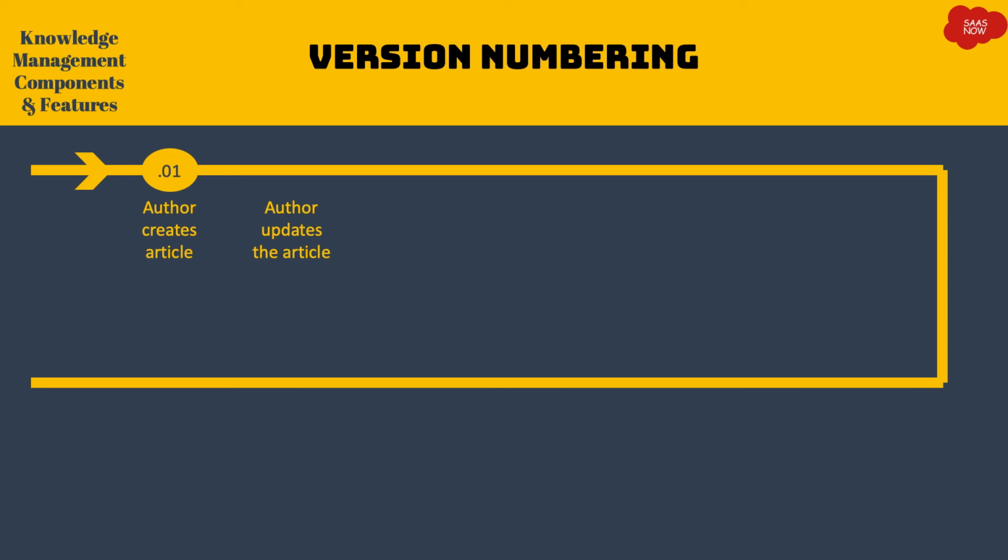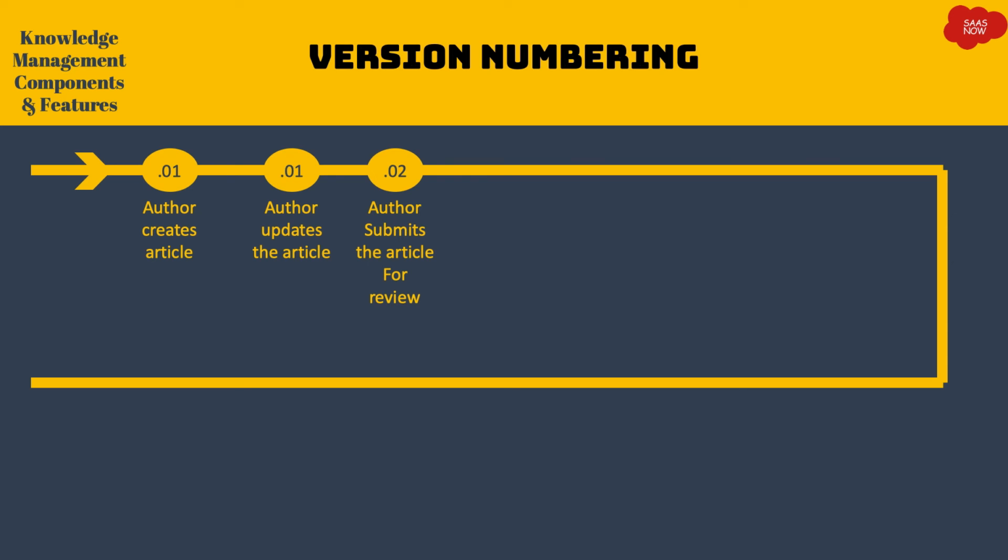Then it remains the same version when the author edits the created article. That means it remains as 0.01. After editing, the author submits the article to publish it. Now, in this case, version 0.02 gets created.